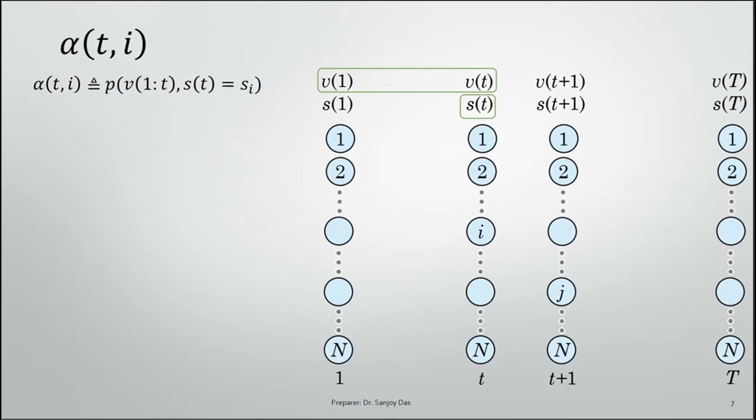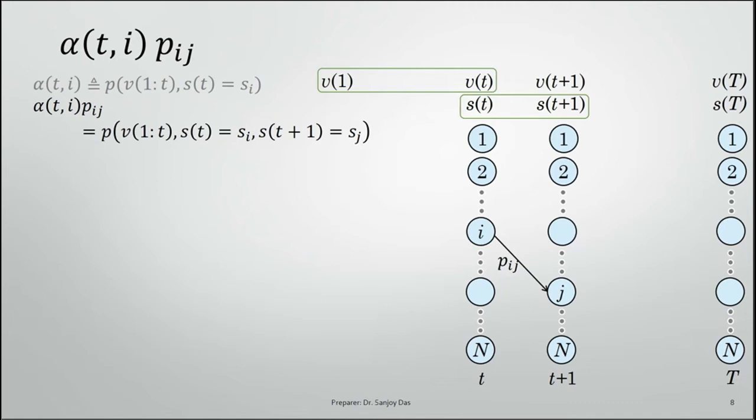So we've seen alpha_t(i). Alpha_t(i) is defined as the probability of the output symbols, past and present, and the present state being S_i. What if I multiply alpha_t(i) with the transition probability P_ij? P_ij is the probability of transitioning from state S_i, which the HMM is in, to state S_j in the next time step.